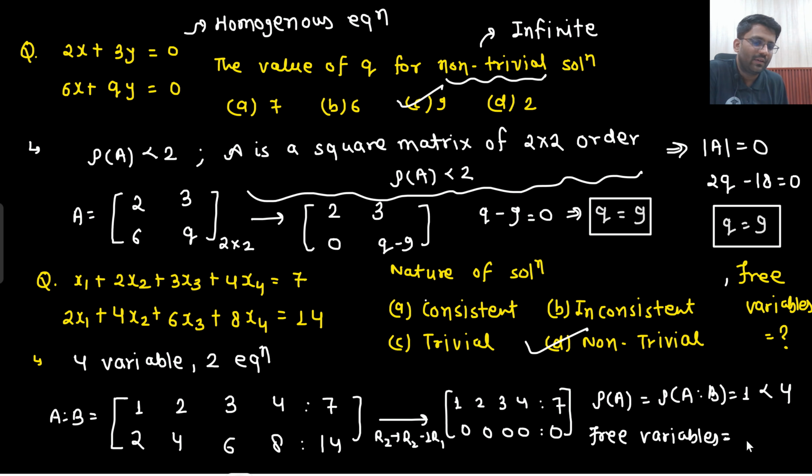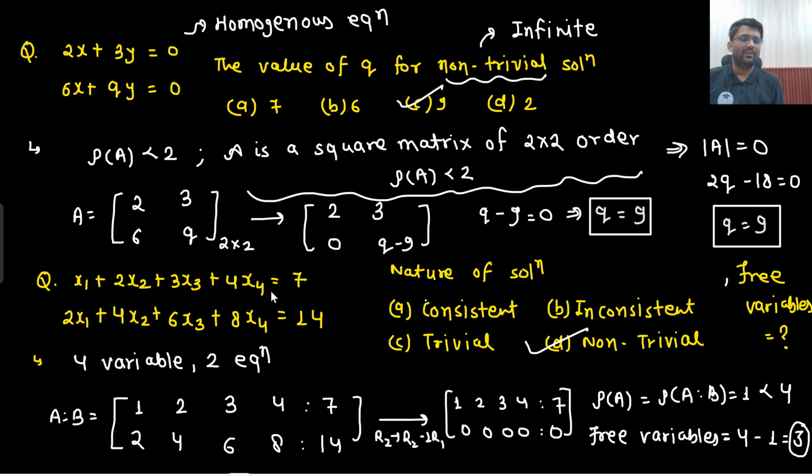That will be: the number of actual variables was 4 and the rank was 1, so the number of free variables would be 3. This will be the number of free variables and the solutions will be non-trivial. Okay, so there was effectively one equation given for 4 variables. That means 3 variables will be free. There was effectively only one equation, no?